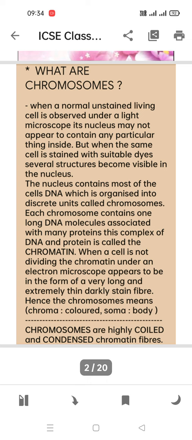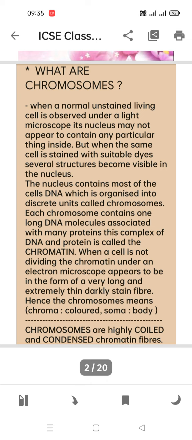So for visualizing things inside the microscope, you need to stain them, applying some dye or color. This is the thing we are going to start with first.